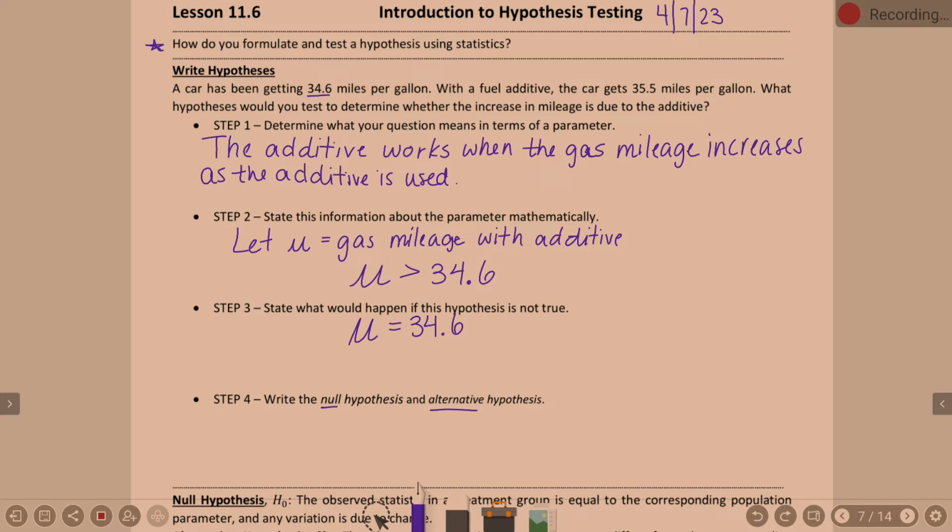So one scenario here is that the additive is changing the average. The other is that the additive isn't really changing it. It's more of a by-chance thing. So this is saying, I'll write it down in here, the additive does not increase gas mileage.